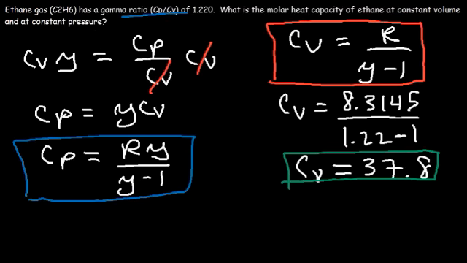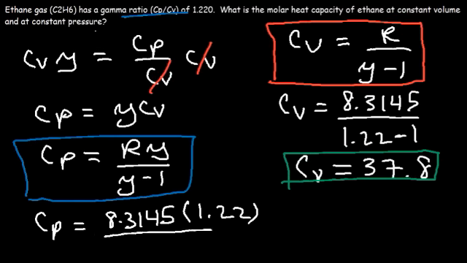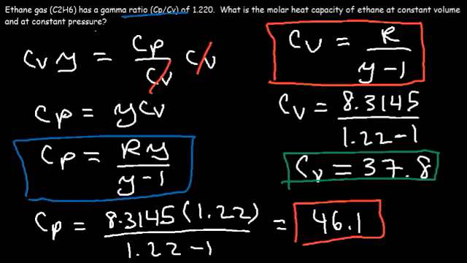That's the molar heat capacity at constant volume. Now at constant pressure, we can take R, which is 8.3145, multiply it by gamma, divided by gamma minus 1. So 8.3145 times 1.22 divided by 0.22 is 46.1. So that's the molar heat capacity at constant pressure. So that's how you can find it given the gamma ratio.